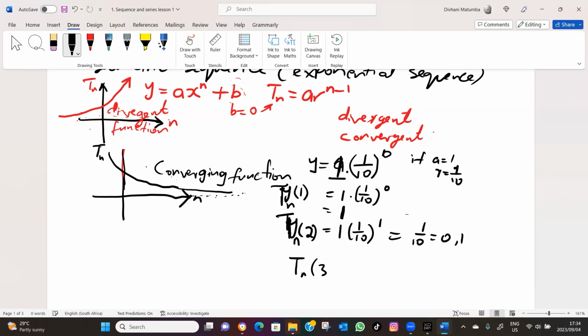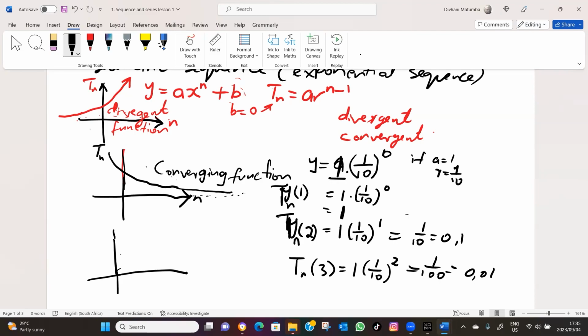If your n value is 3, you're going to have 1 over 10 to the power of 3 minus 1, which is 2. This will be equal to 1 over 100, which is 0.01.